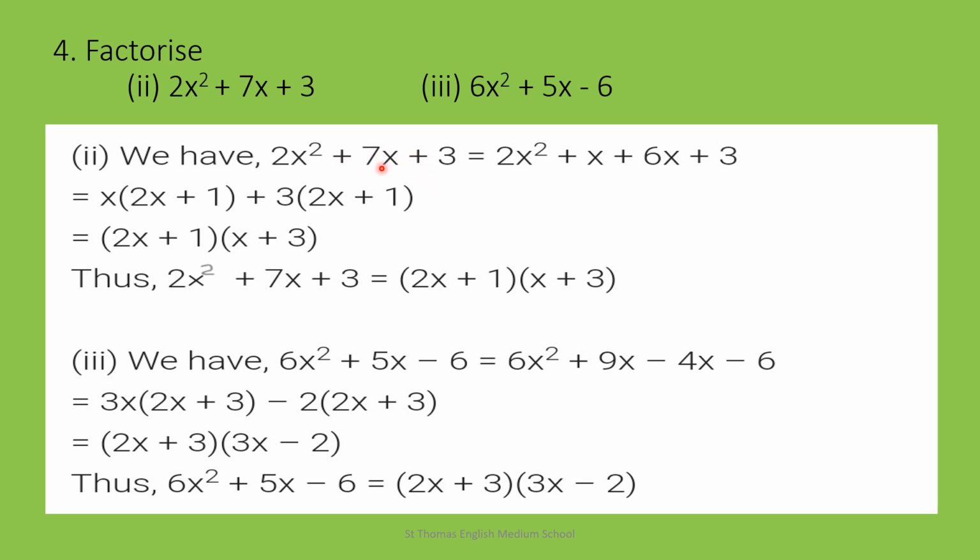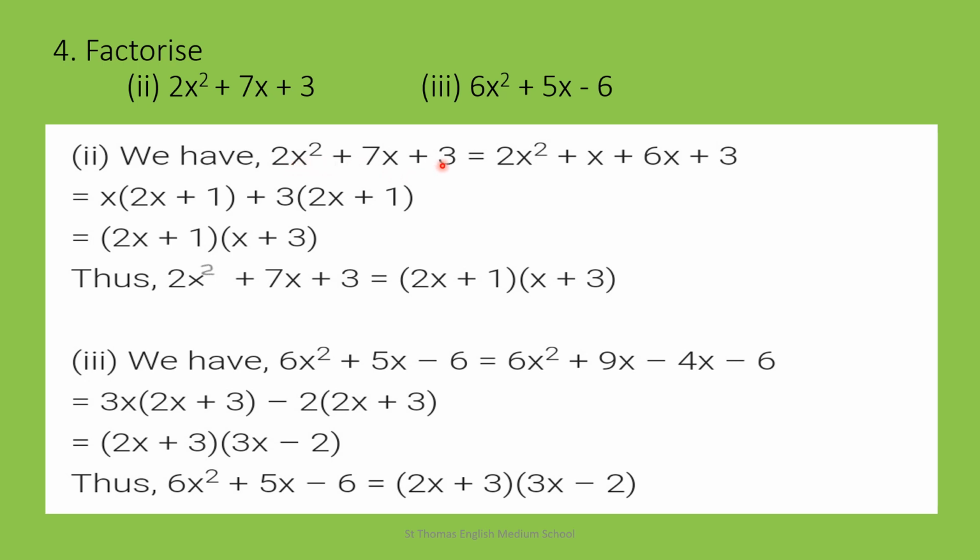So you have to find two numbers such that the sum of the two numbers will be 7 and the product of the two numbers will be the product of the coefficient of x square and the constant term, that is 2 multiplied by 3, that is 6.